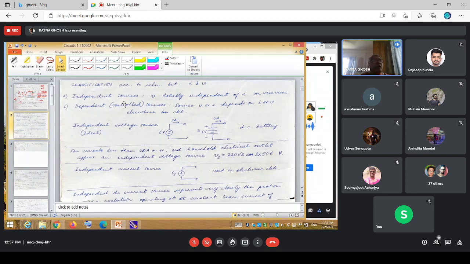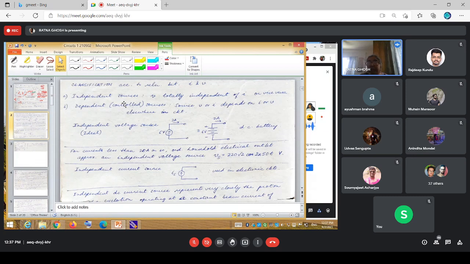For example, we just talked of the avalanche diode, which typically operates in the reverse biased mode. There you have the sharp rise in the current at a fixed voltage.